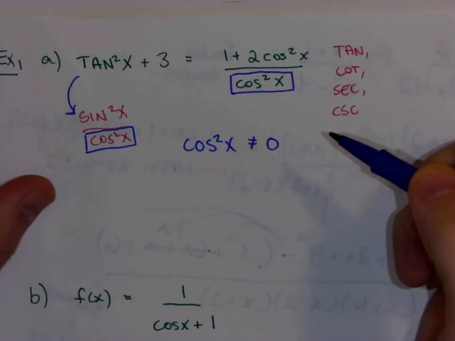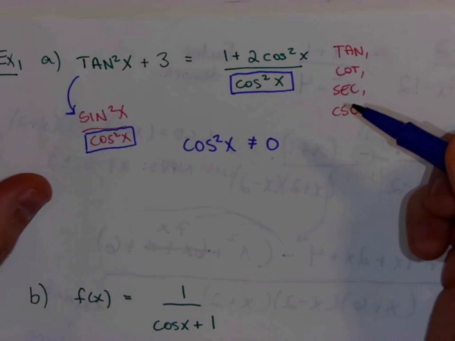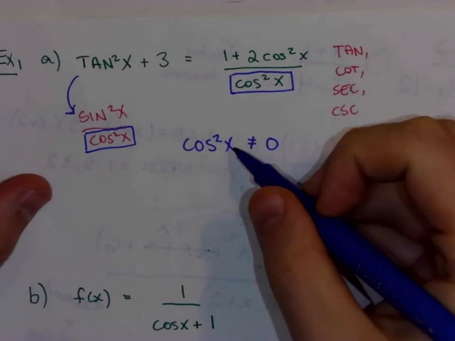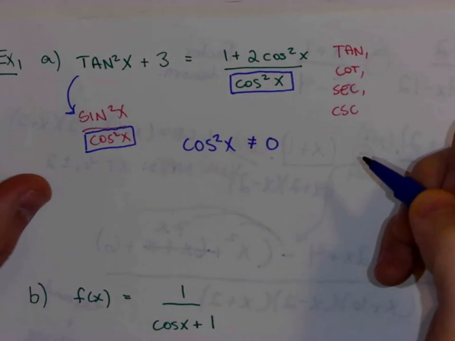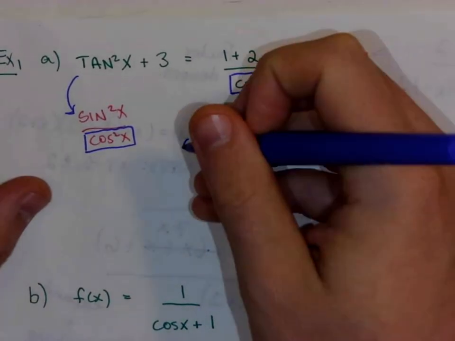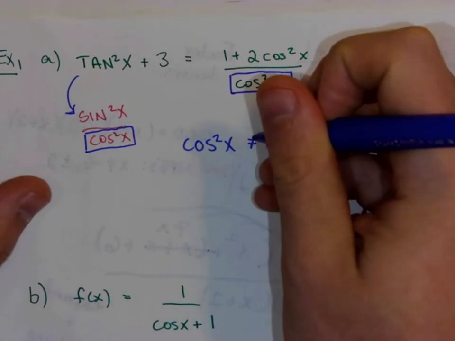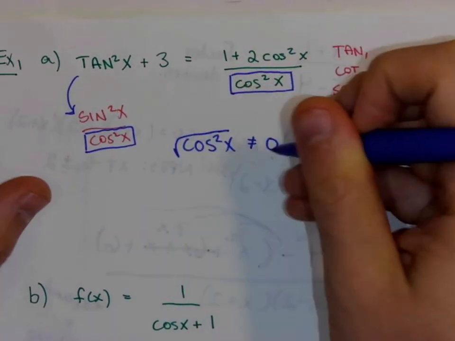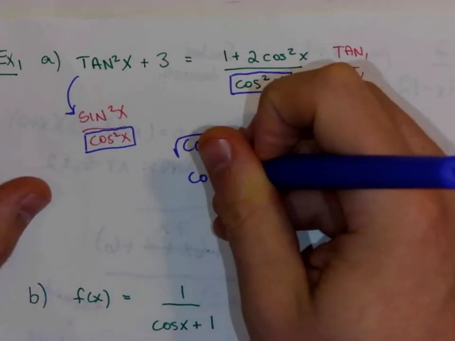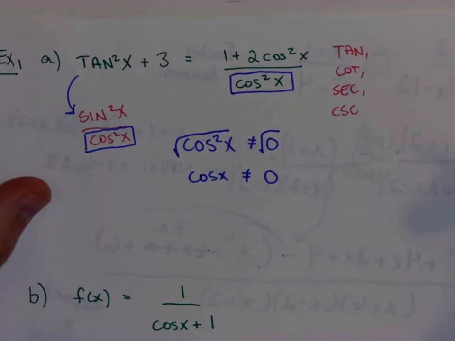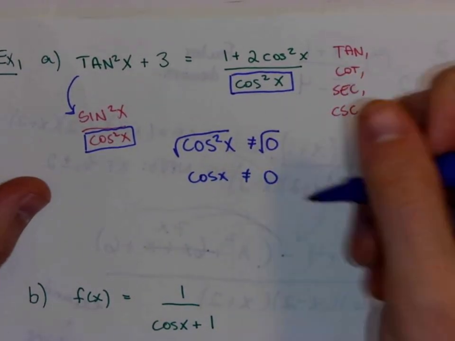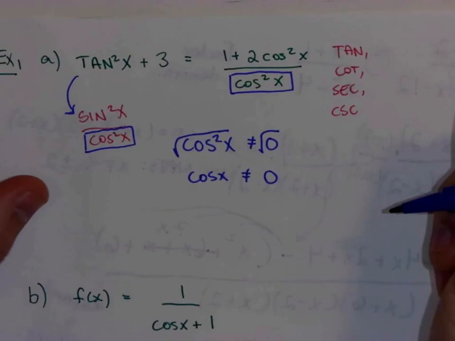There's no other division happening, so I can basically ignore the rest of that question. The question is, what is x equal to in order for cosine to be 0? Well, there's a square on the left side here, so using this as my equal sign, I'm just going to square root both sides, which is not a big deal because in this case, square root of 0 is just 0.